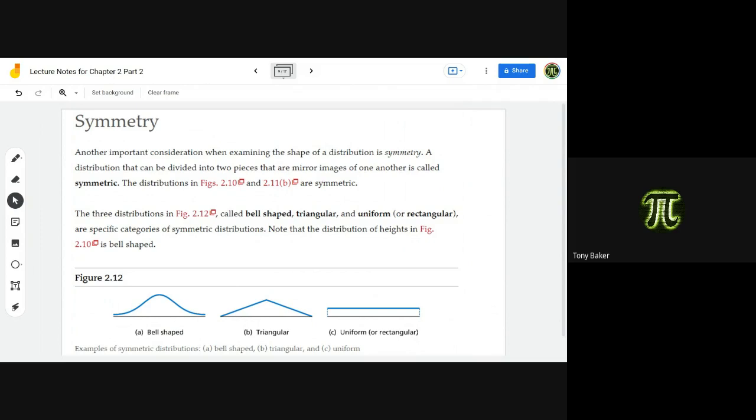The difference between a bell curve and your triangular one, although they both have that one peak, is that in your bell curve, notice there's a lot more in the middle. That's where you get your 68%, 95%. Your triangular is more of a linear progression, so the values consistently go up instead of going up quicker as it gets to the middle. And then you can have your uniform, where everything's basically the same.